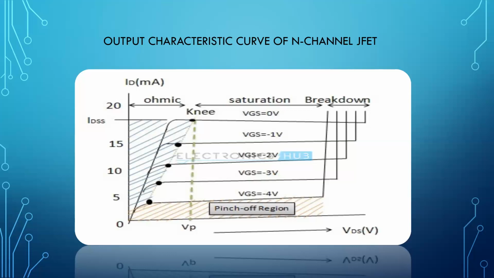And at one voltage, the drain current will become 0. So this voltage VGS is known as the pinch-off voltage. So you see the drain or output characteristic of the JFET.